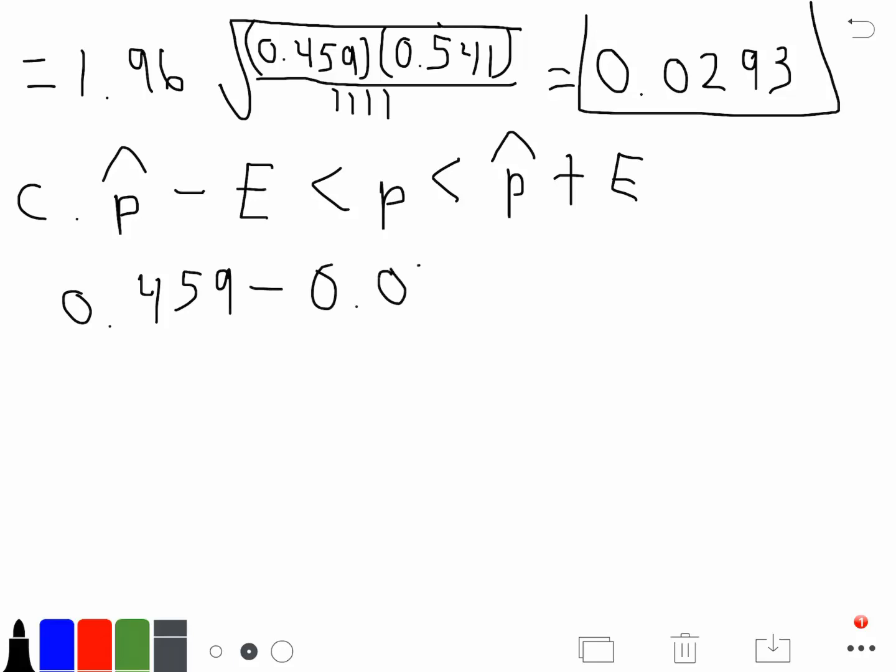So we get 0.459 minus 0.0293 is less than P, which is less than 0.459 plus 0.0293.